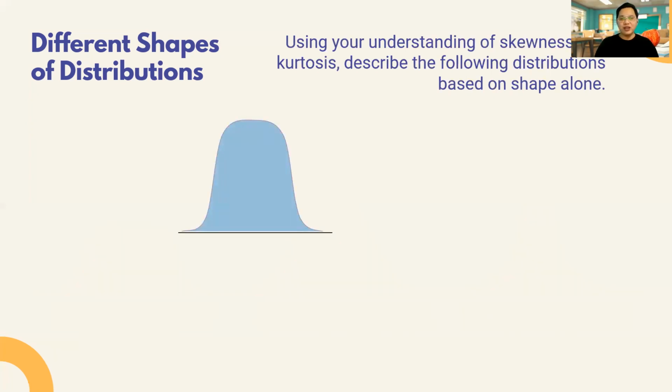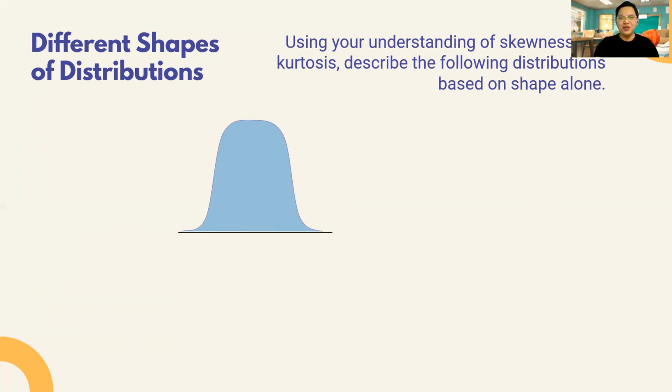This is the first one that I would like you to work with. So determine what kind of distribution we are looking at. You need to think about it both in terms of symmetry and kurtosis, so both in terms of skewness and kurtosis. You may pause the video at this point if you need more time, but I will provide you with a correct answer in a few seconds.